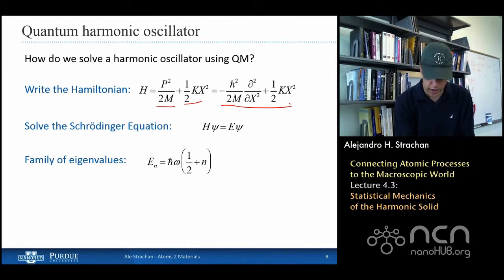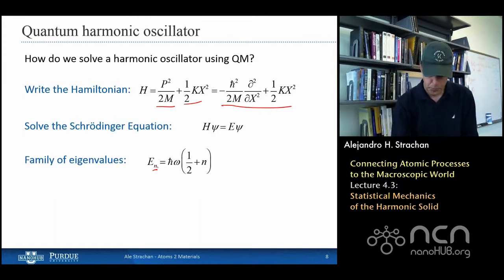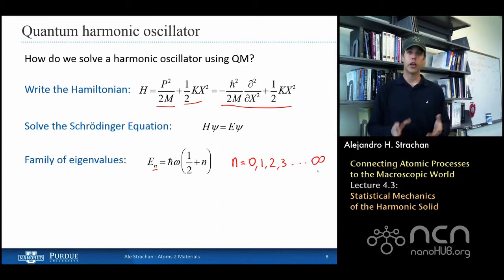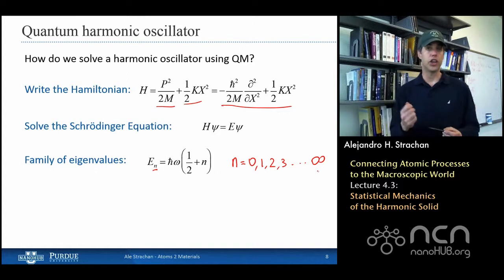The energy E_n, where n is the quantum number, is h bar omega times (1/2 plus n), where n takes the values 0, 1, 2, 3, and so on, all the way to infinity. Interestingly, the smallest energy that the quantum oscillator can have is 1/2 of h bar omega.